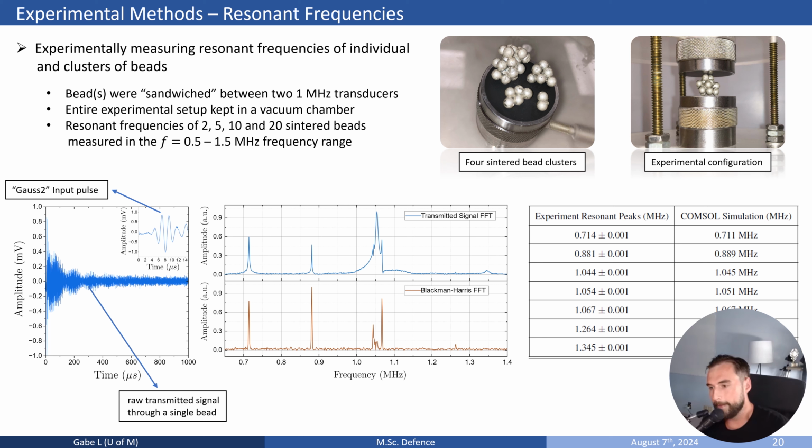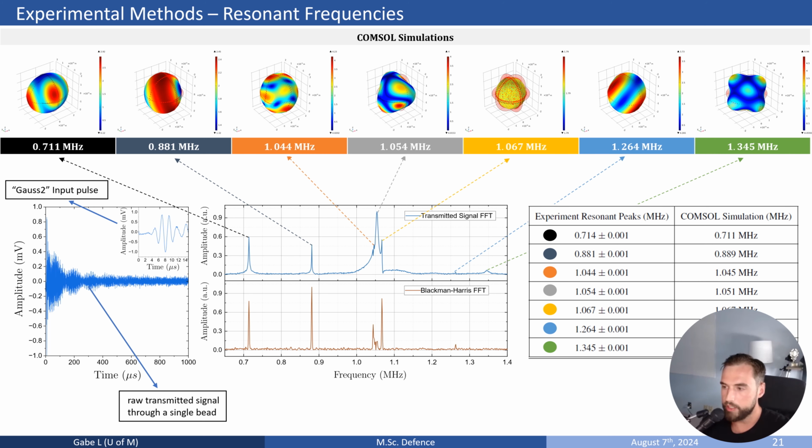This allowed us to take these COMSOL peaks and visualize them. Each peak corresponds to a vibrational mode of one bead. This allows us to see what exactly is happening at each of these ultrasonic excitation frequencies.